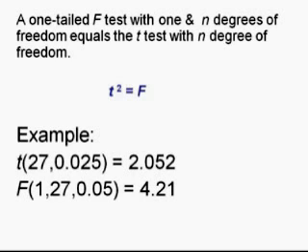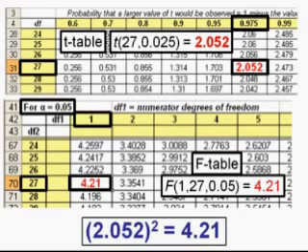See the following slide for the t and F tables. See that the t value is 2.052 and the F value is 4.241. When we square the t value, we find the exact F value. This demonstrates the relationship between the t and F distribution. Remember that this only applies for an F with 1 degree of freedom in the numerator.